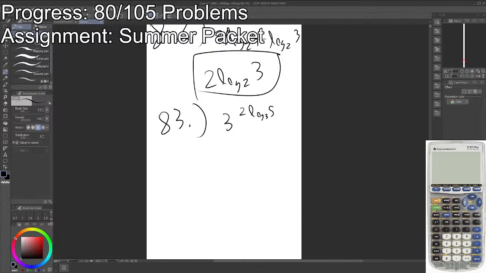I think I can move the 5 over. No, I can't. No. Can't do that. Can move the 2. I don't know if that'll help. 25. Crap.